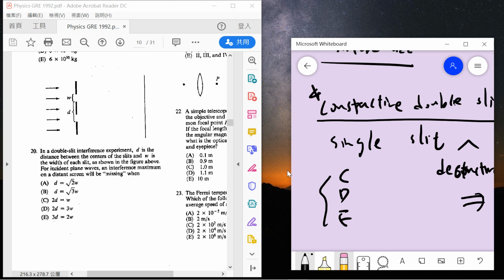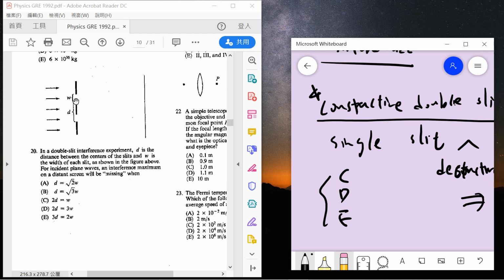But remember that in general, your double slit spacing d should be larger than omega. So there's no reason that omega is equal to 2d or omega is equal to 1.5d. It doesn't make sense that the single slit is too large.